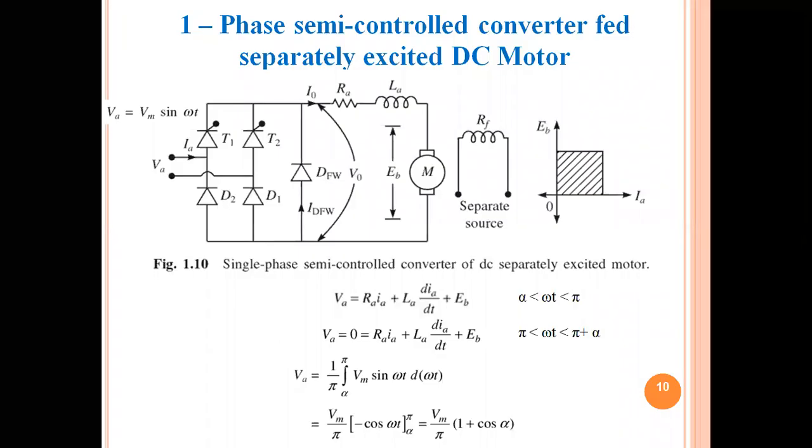We have learned this in electrical circuits. So with the same formula here also, we can derive the average equation, which is VA equal to 1 by pi.